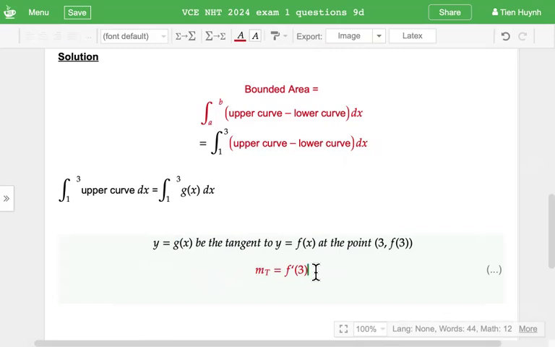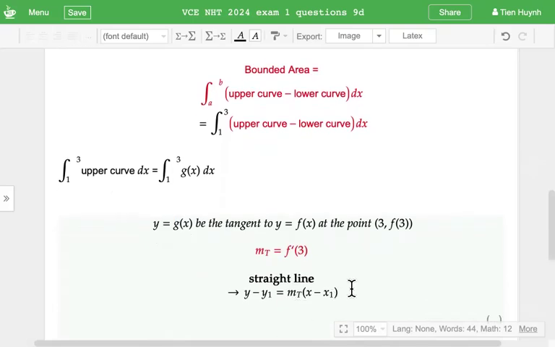And then after that, because the tangent is a straight line, the equation that it will have is y minus y1 equal to the gradient of the tangent times (x minus x1). Does it make sense? This is the key point.